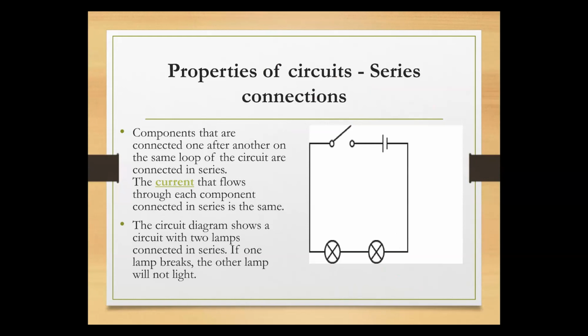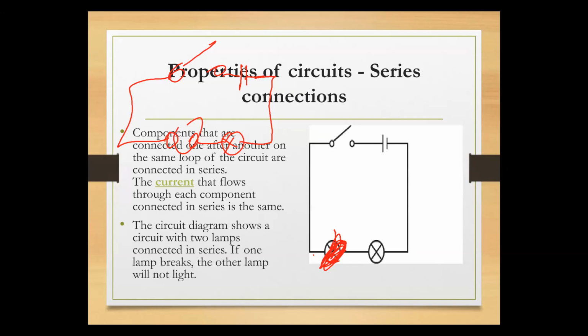Why? Because they are interconnected to each other, one after the other. If this one breaks, that means there is an open circuit there. That means now we have something like this: open, and then we have a bulb, and then we continue, we have our battery there, and then we have our connection. So if it is open, we do not have a complete circuit, right?